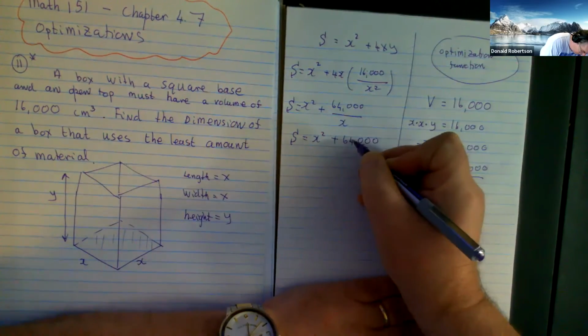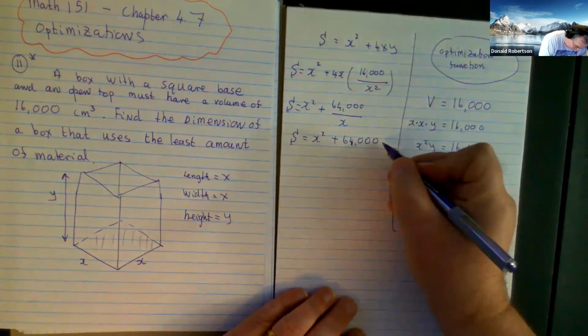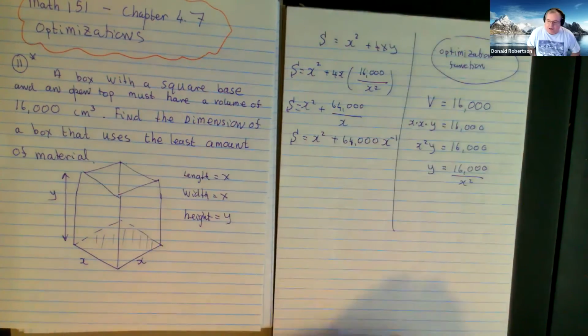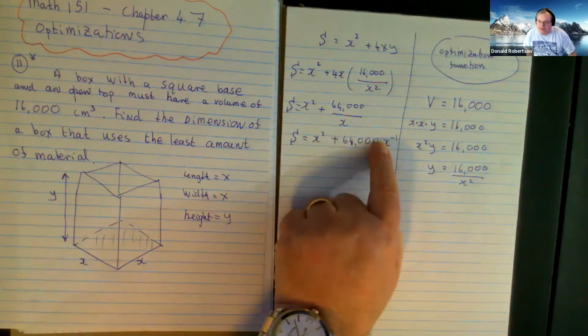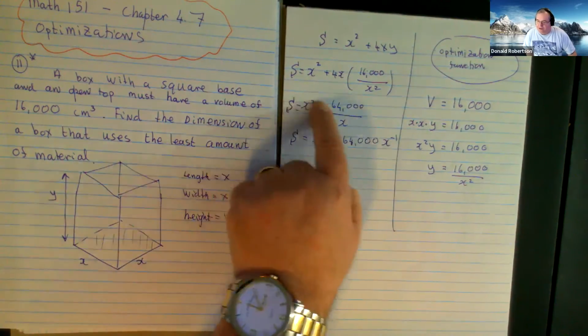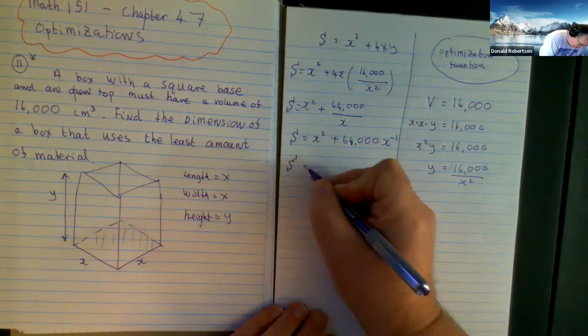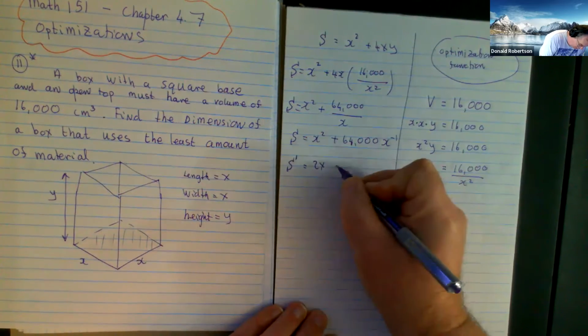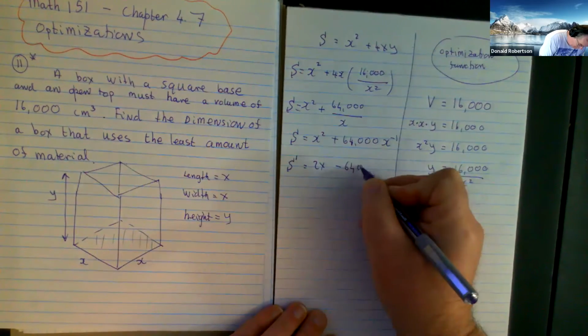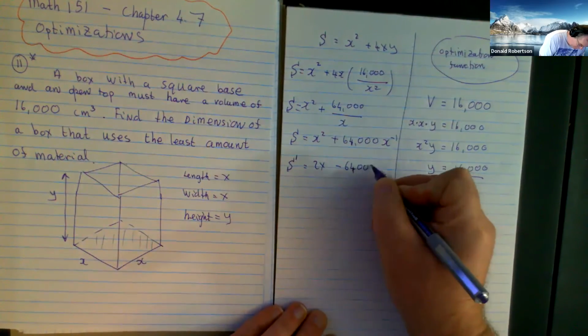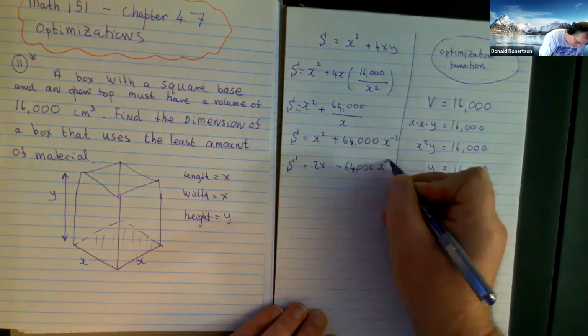I'm going to have to call it 64,000 x to the -1. Because isn't this much easier to differentiate than that? So let's see what the derivative looks like. 2x, multiplied by the power and reduce the power by 1.